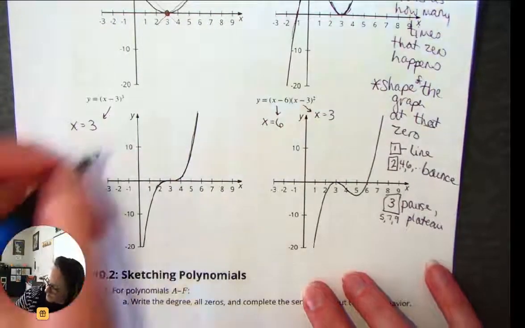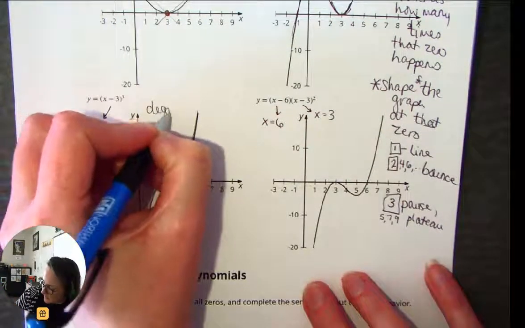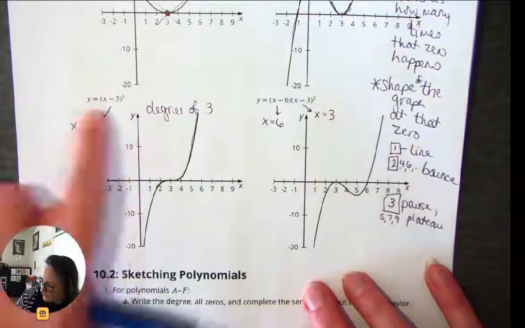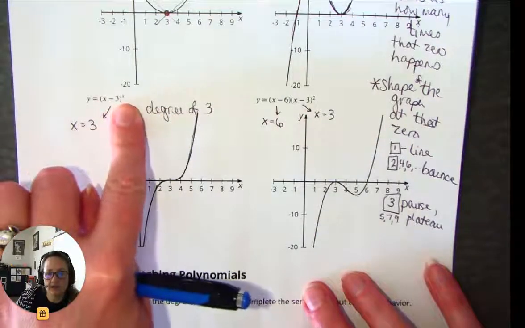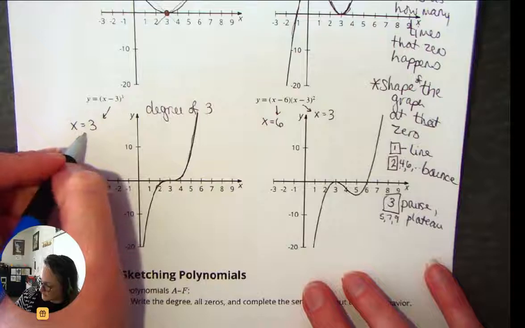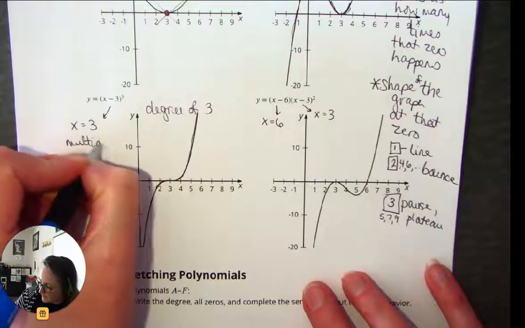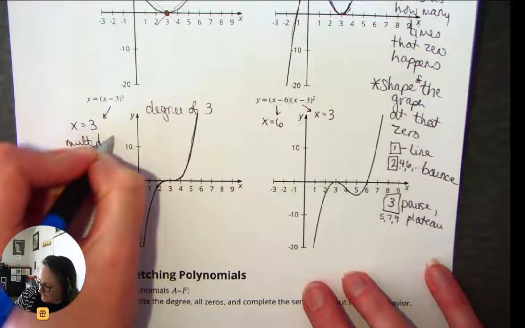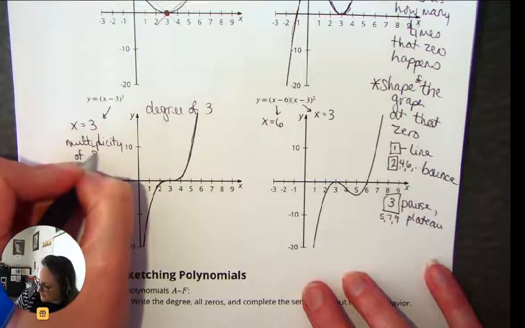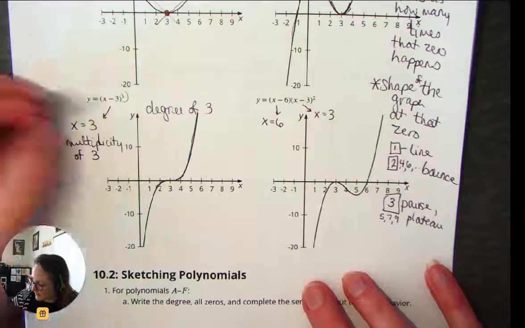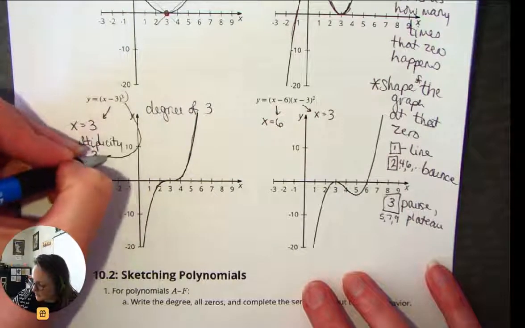All right, so this guy has a degree of 3, one factor happening 3 times. So this x equals 3, 0 is happening with a multiplicity of 3 because of that exponent.